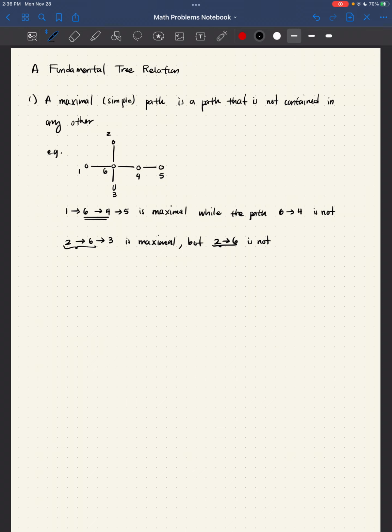Okay, so based on this idea, we have the following observation. A maximal path in a tree with at least 2 vertices cannot be a single vertex.